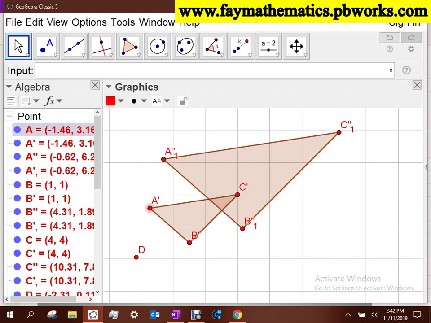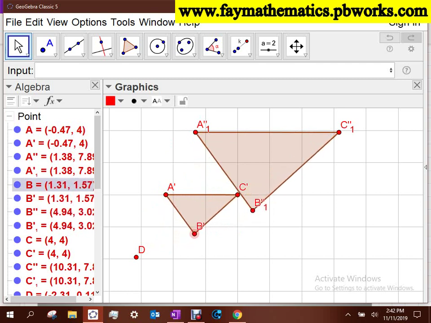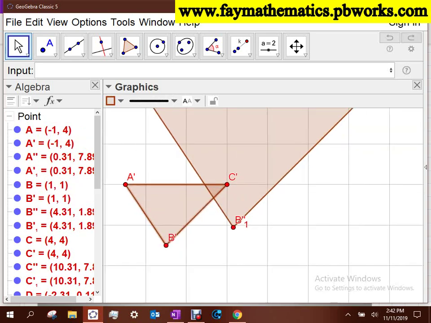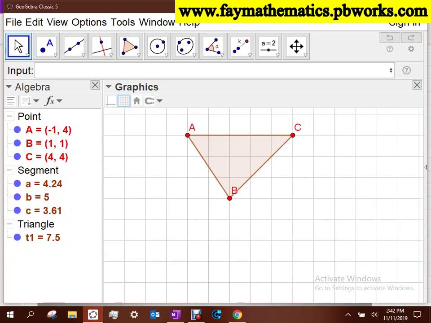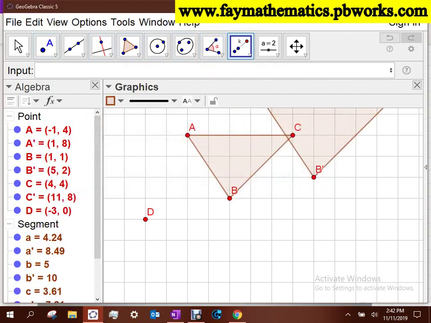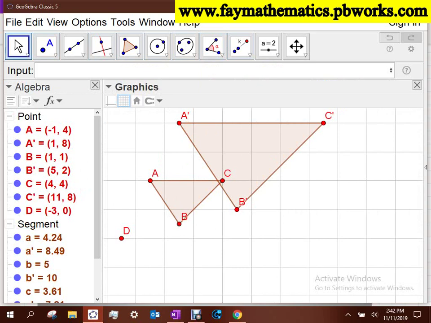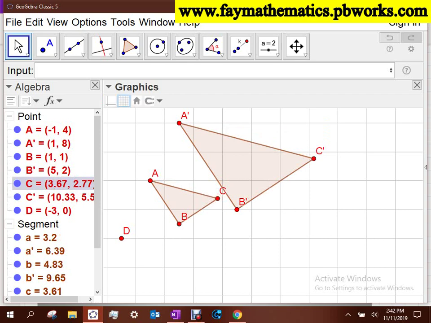All right. So same shape, different sizes. So that contradicts the definition of congruency. So those two triangles are definitely not congruent.